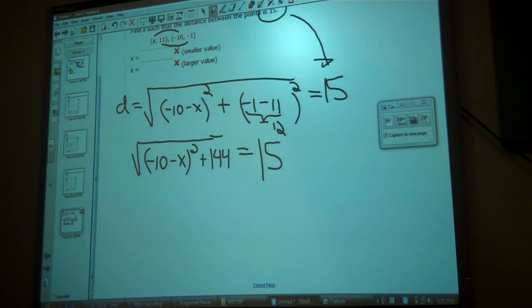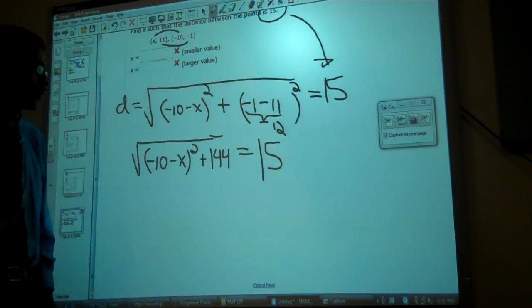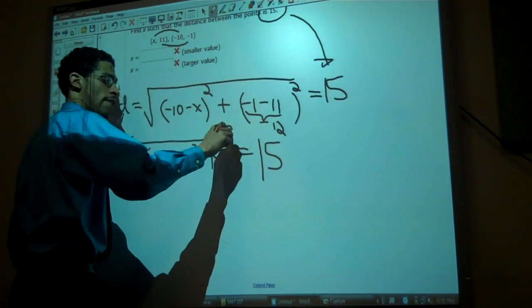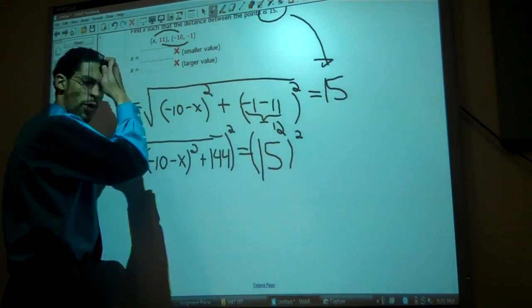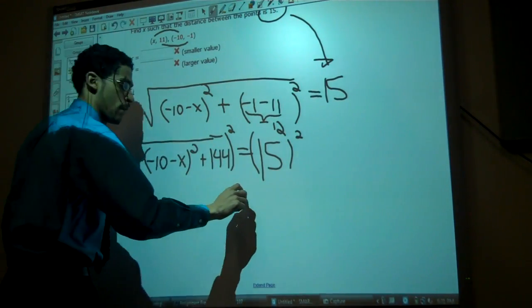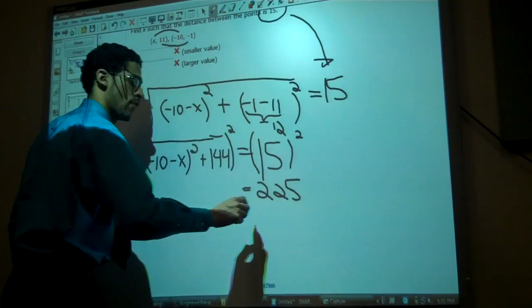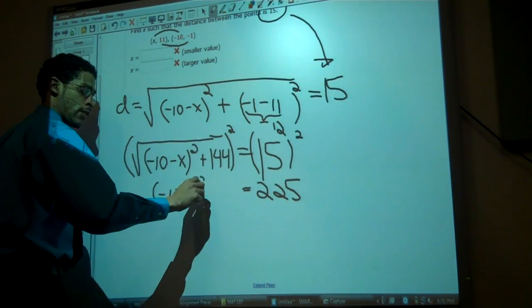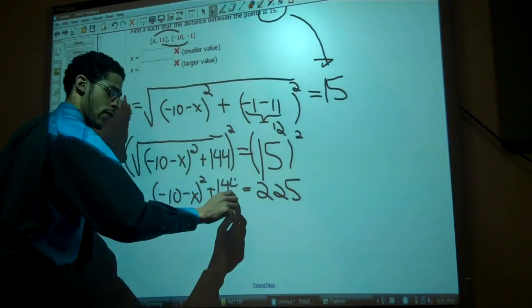So what should we do algebraically? Square both sides. That would get rid of the square root. 15 squared is 225. And you have what's underneath the square root. And you're on your way.